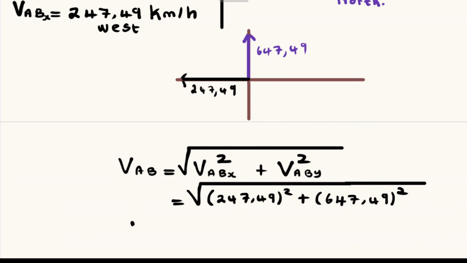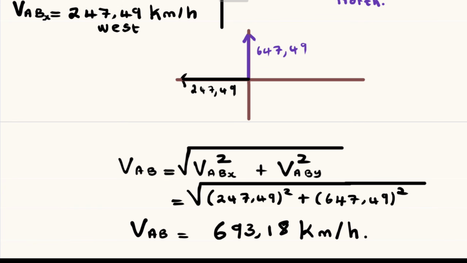On our calculator, this will be equal to 693.18 kilometers per hour, and this is our resultant.